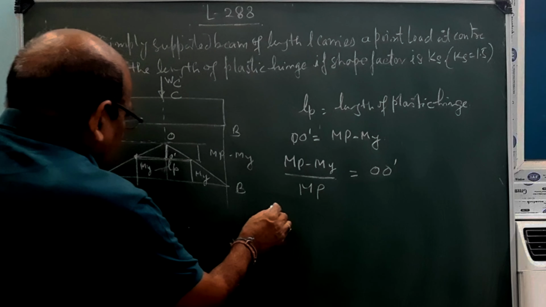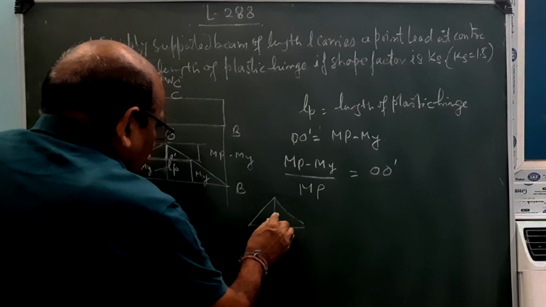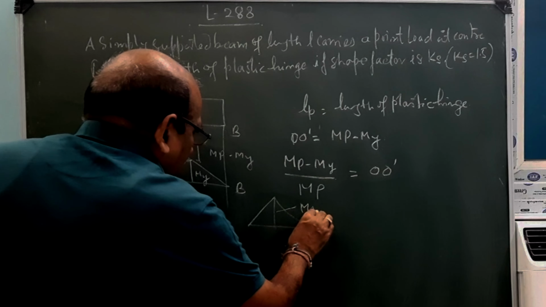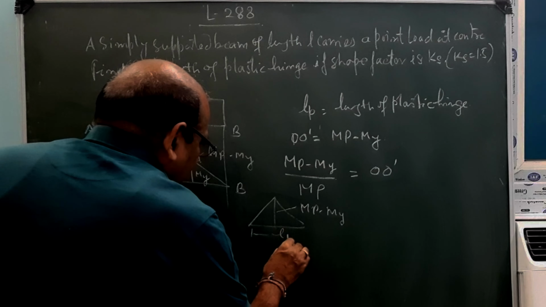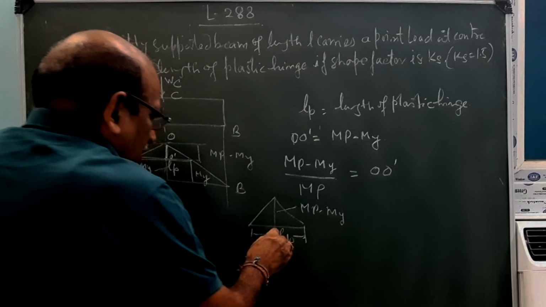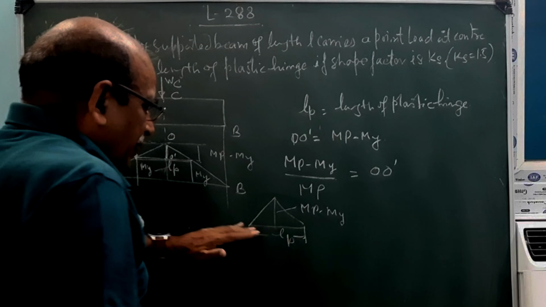If you take a triangle like this, this side is MP minus MY, and this distance is LP. So this is perpendicular divided by base.